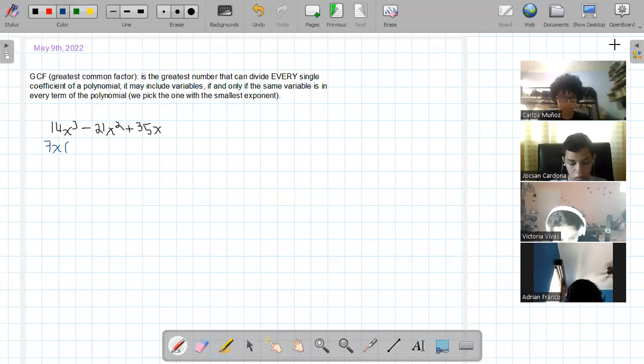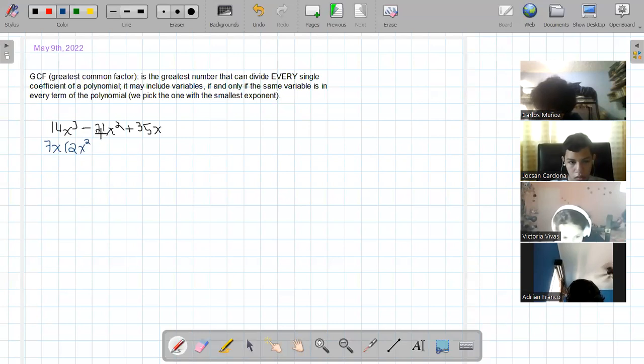And when we divide variables, according to the laws of exponents, we subtract the exponents, okay? So 14 divided by 7 is 2. And now we got x cubed divided by x. How much is that? Remember, we subtract exponents. So that would be x squared, very good.